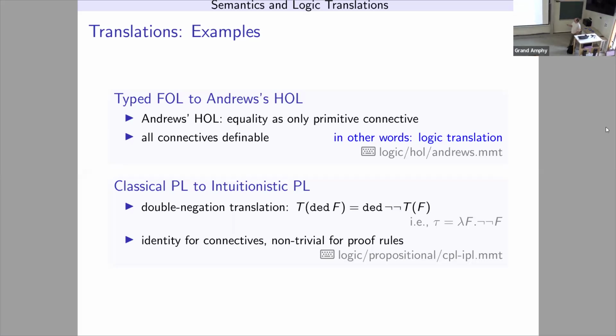And then it turns out if you throw in Booleans and very mild assumptions, you can already define all the other connectives that we usually use, like conjunction, implication, and so on. So this is basically a logic translation from typed first order logic to higher order logic. And then if you formalize everything in the logical framework, you realize that really the only big difference is that here we also have Booleans and function types. But the logic is saying like, oh, the connectives and quantifiers are more or less the same.